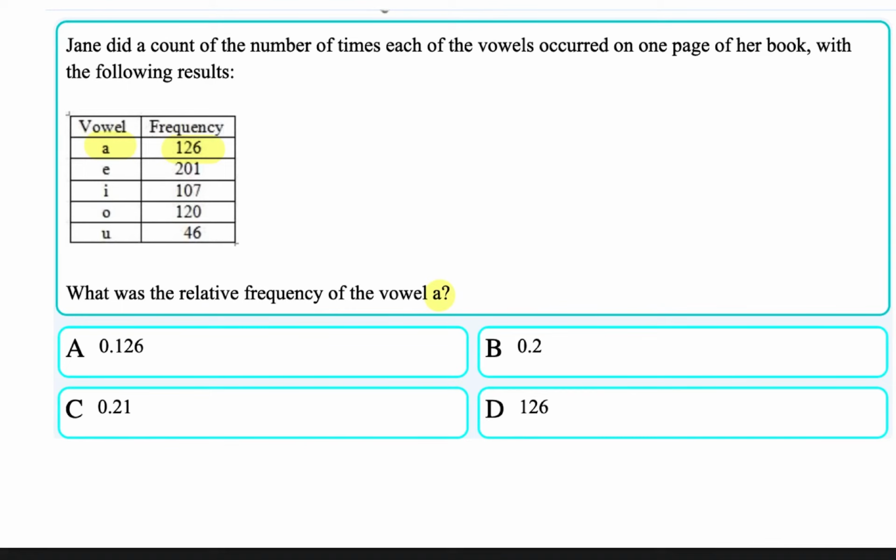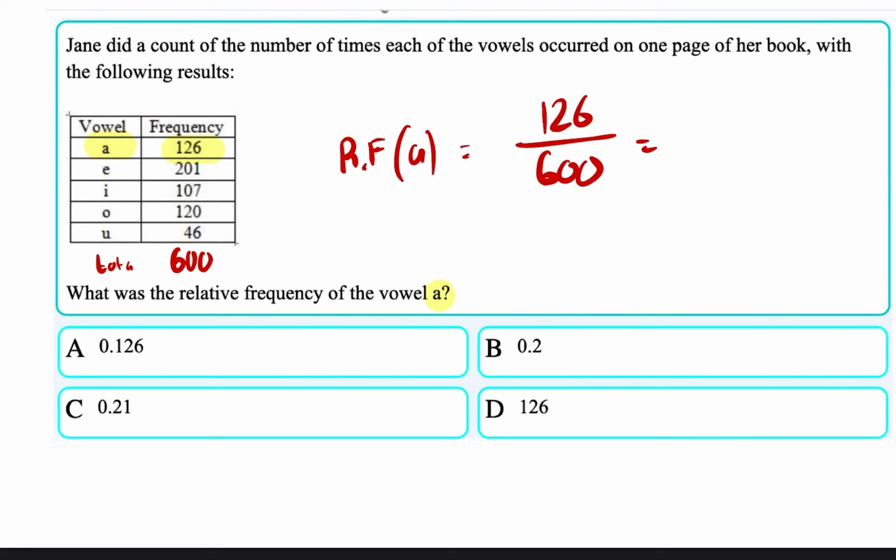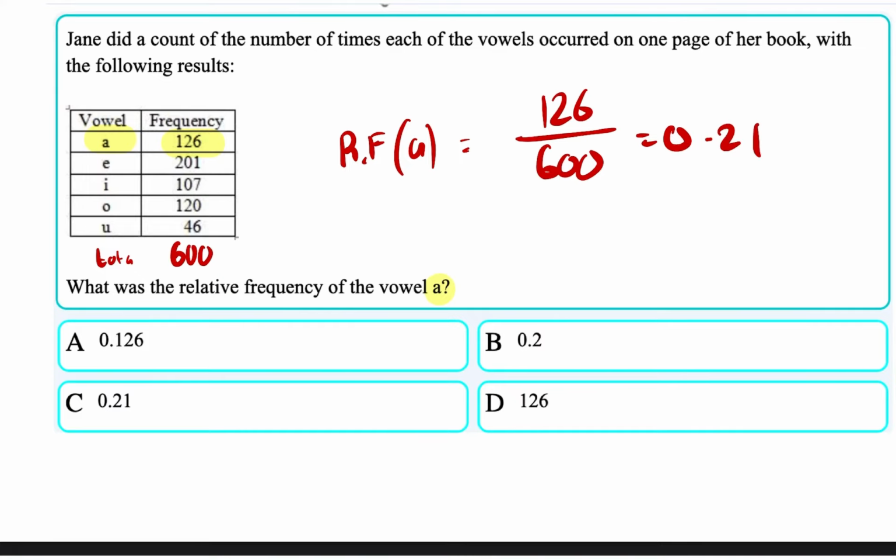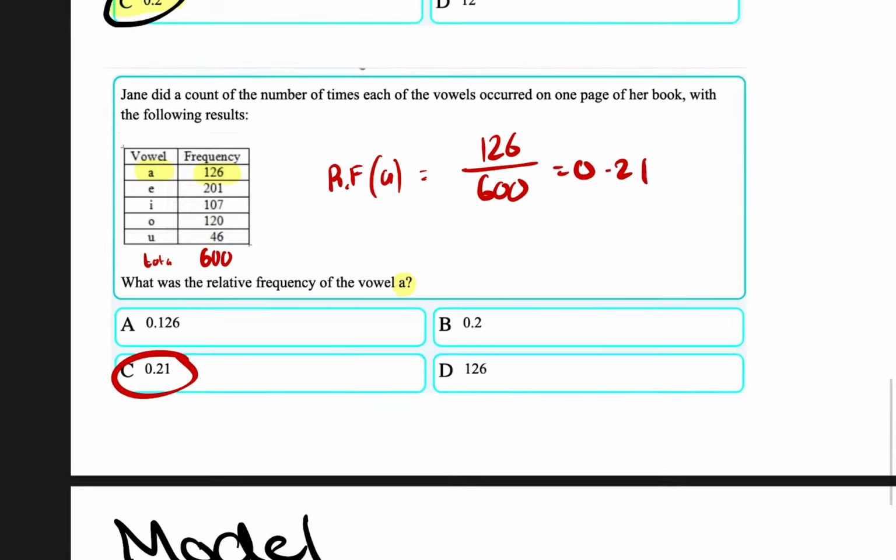Ah, nice. The total is 600. So the relative frequency of rolling an A is 126 over the total 600, and as a decimal, that is going to be 0.21 or 21%. So there we are.